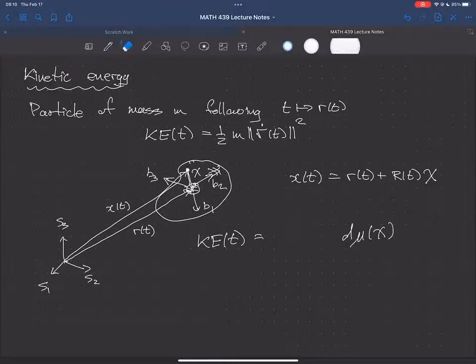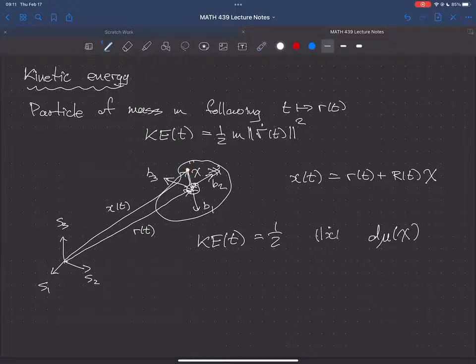D mu of chi, and this is the m in my formula here. Then it's going to be r dot squared, but r now is the position of that point chi in the spatial frame, so that's x dot of t squared.